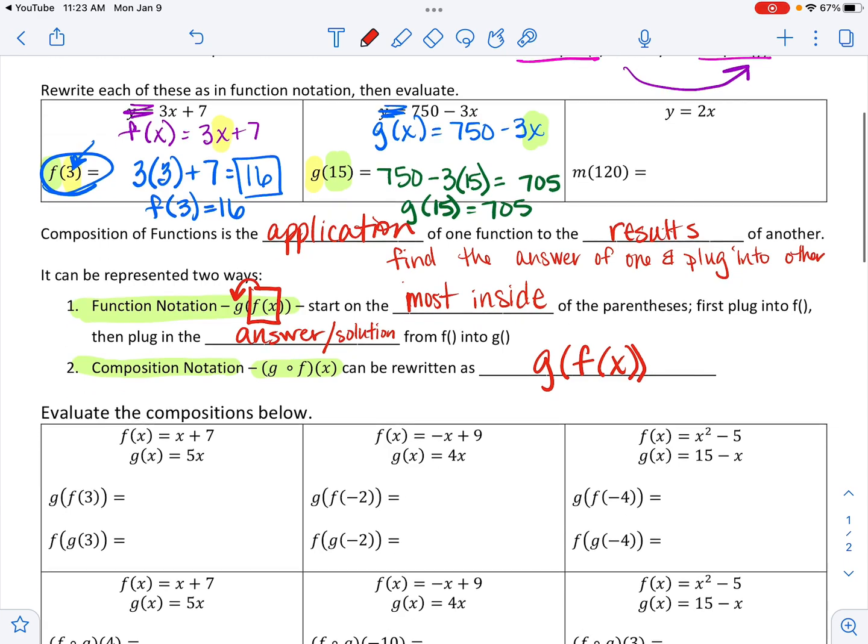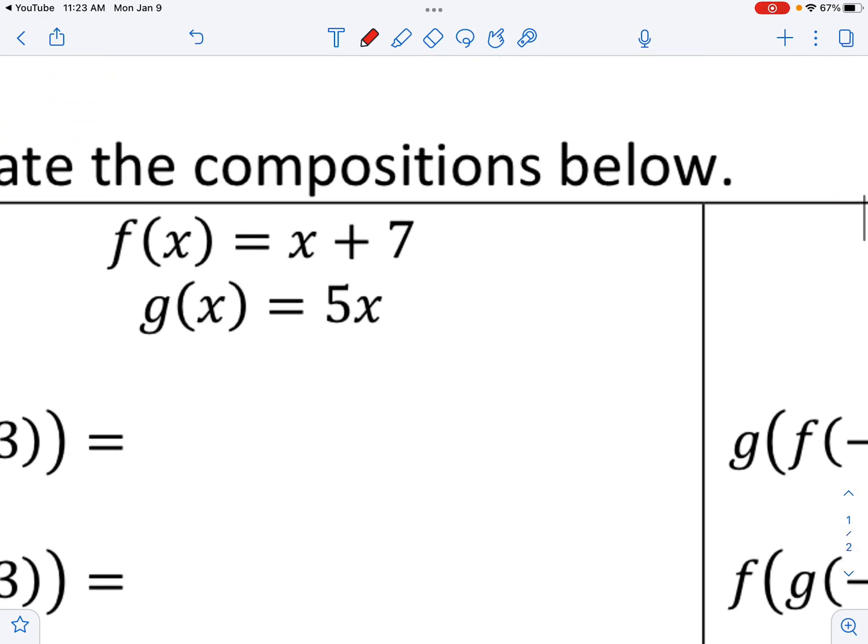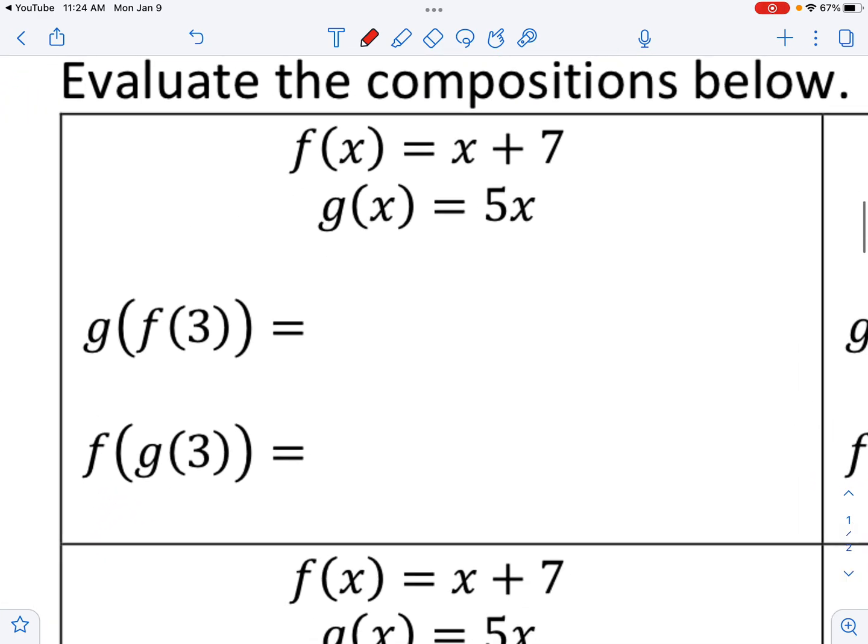Okay, so let's evaluate some of these below. Again, I've told you that you have to start on the inside first. So I have to plug 3 into this value for x. I know that I have to do 3 plus 7 and I get 10.